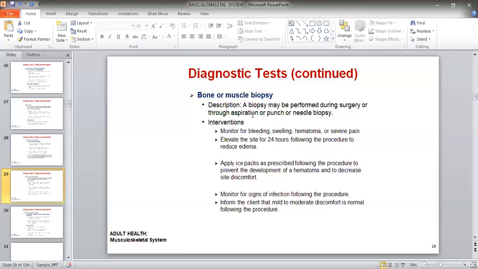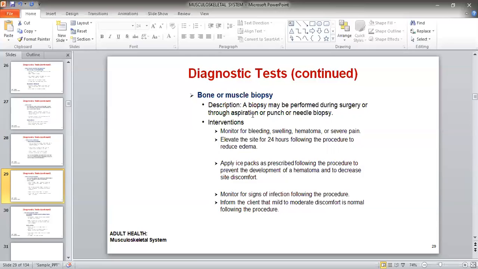If we need to collect tissue to differentiate the pathology of the disease, we have to collect the tissue. How do you collect it? You have to collect by needle biopsy, punch biopsy, or aspiration biopsy.